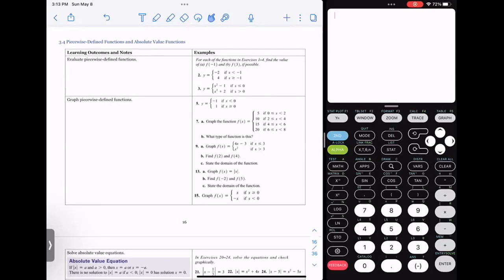Number 7. So what is the graphic motion?